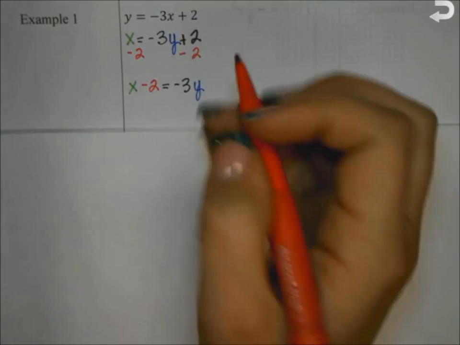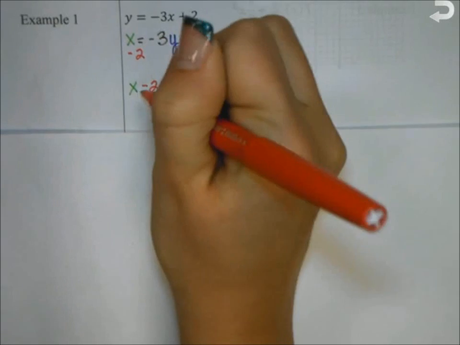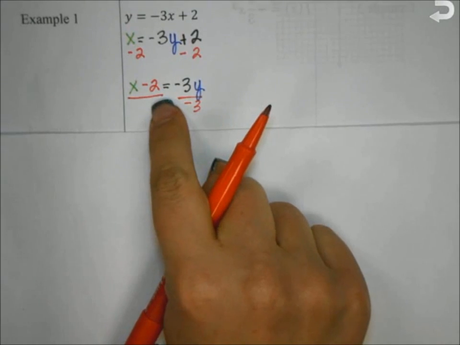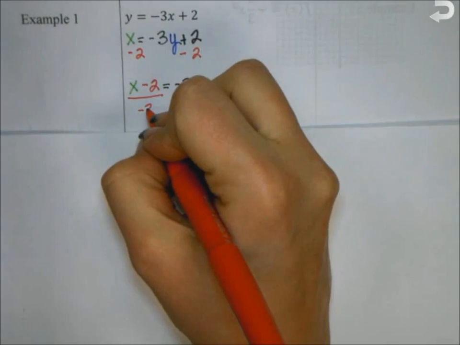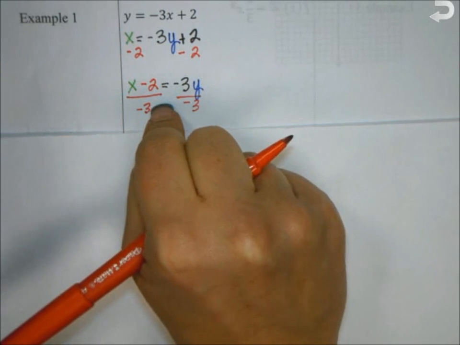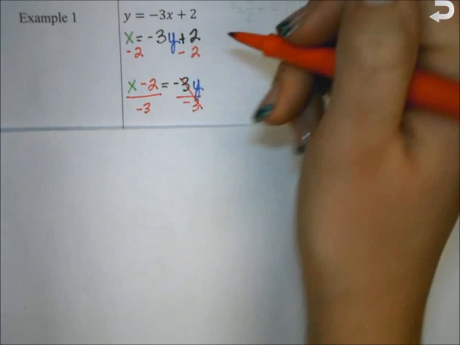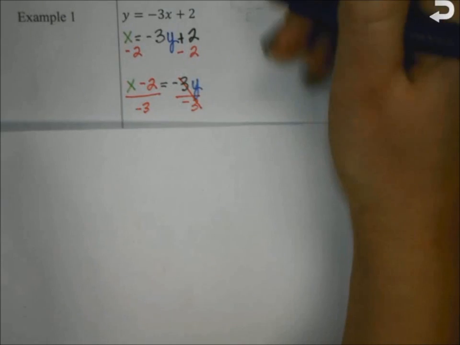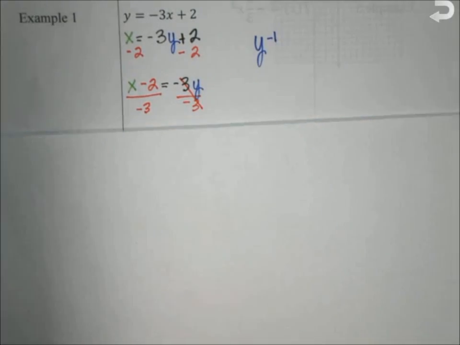Now, one word of caution: when we're dividing both sides, we need to divide the whole thing by -3. So make sure that you put the division under the whole thing. Those guys are going to cancel, and we're going to get y inverse, because we need to change it to the inverse, equals x minus 2 over -3.